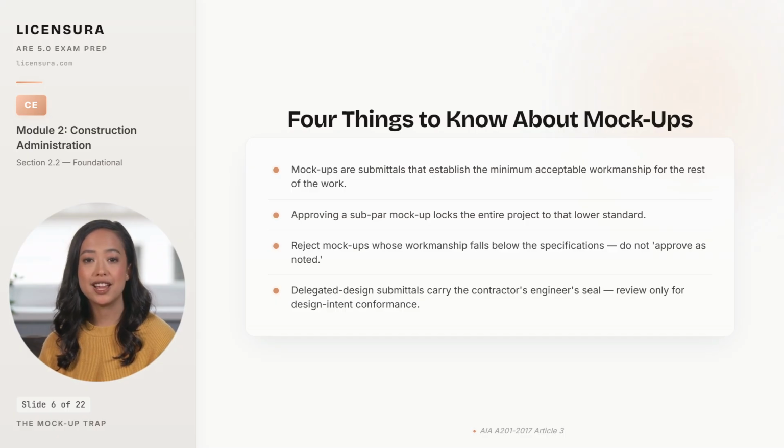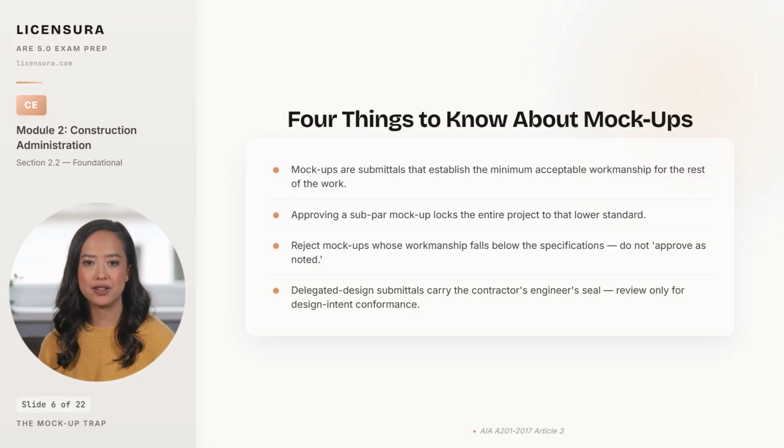Whatever workmanship made it onto the mock-up is now the minimum acceptable workmanship for the entire project. Approve a subpar mock-up, and you have just lowered the quality of every wall, every joint, every finish that follows it.